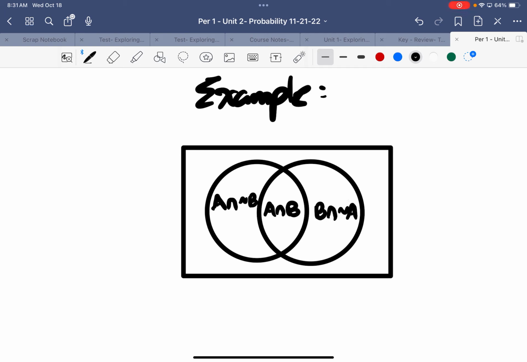I'm going to shade not A. Again, color coding.